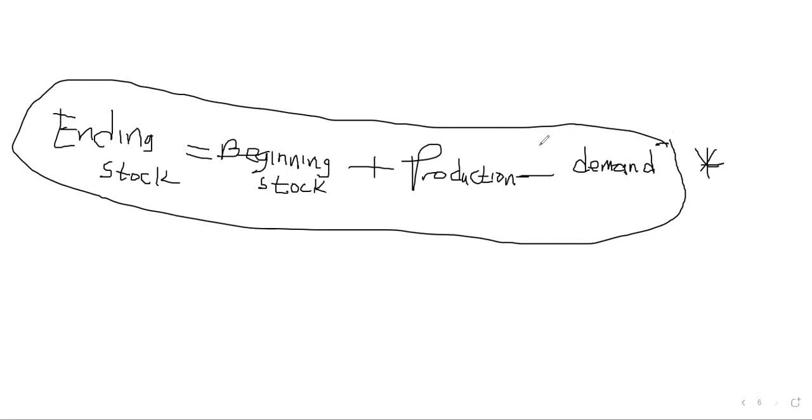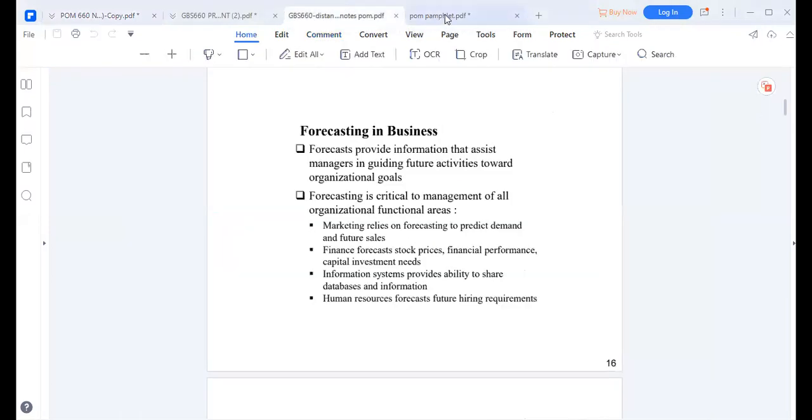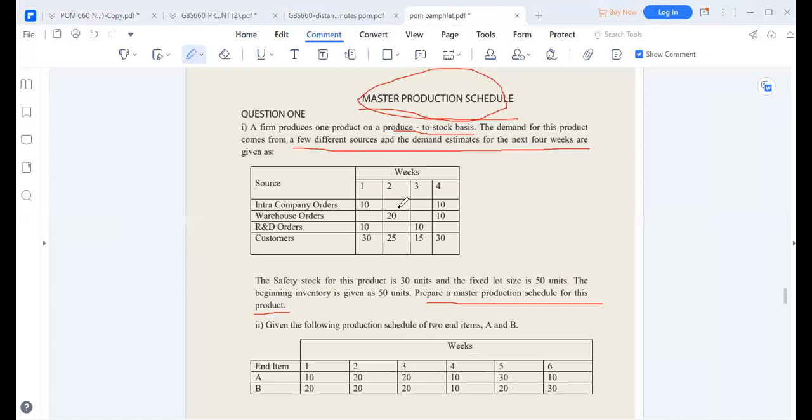All right, so we are getting down to this problem. Here we go to the pamphlet. Here the solution is to aggregate the demand, summing the demand coming from various sources for week 1, week 2, week 3, and week 4.